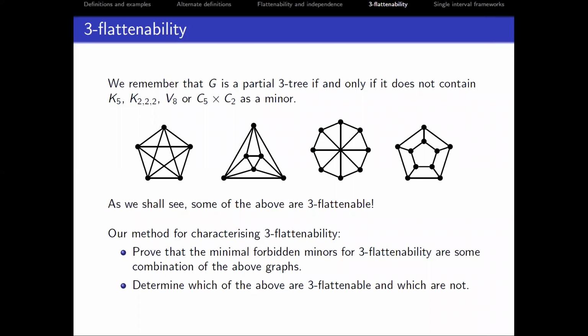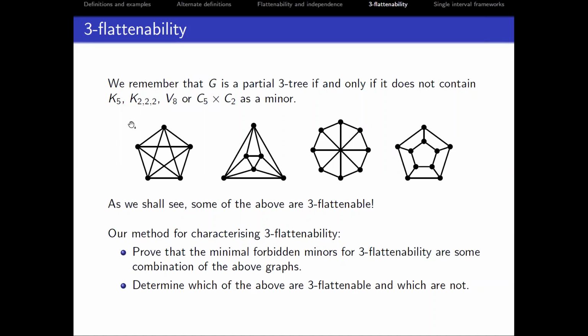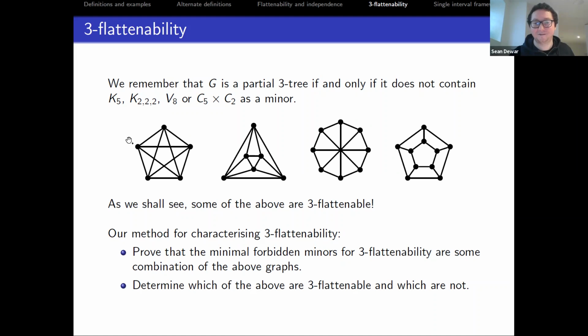What does some combination of a graph mean? Some combination of the 4 graphs. Or a union or subset, a glue? Yes, subset. So we're going to say that the forbidden minors are some subset of these. It's going to turn out it's just going to be these 2.